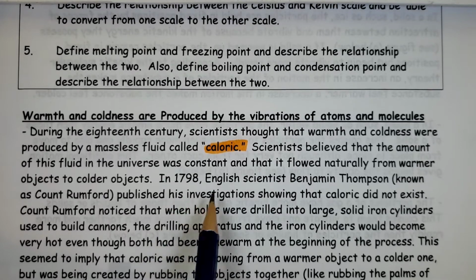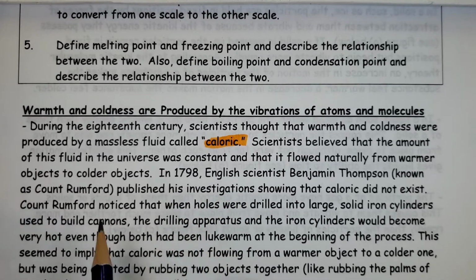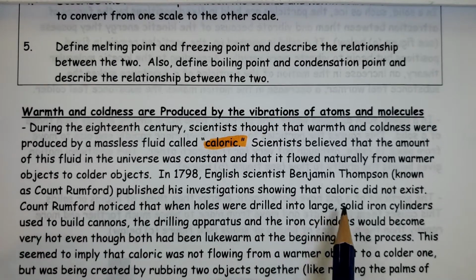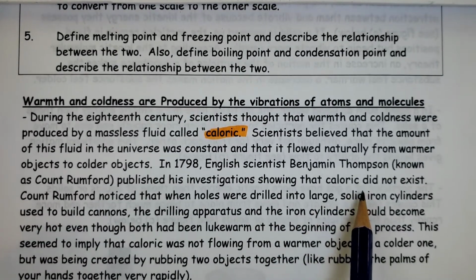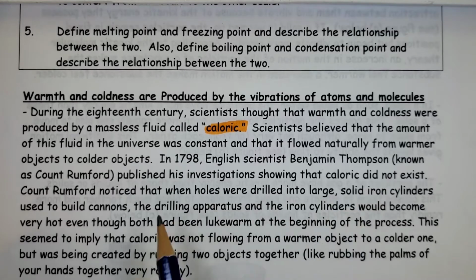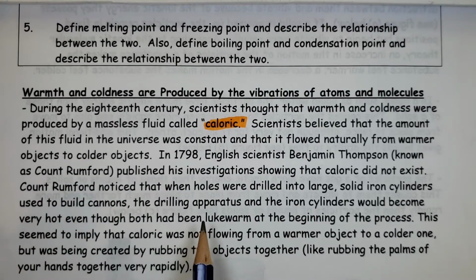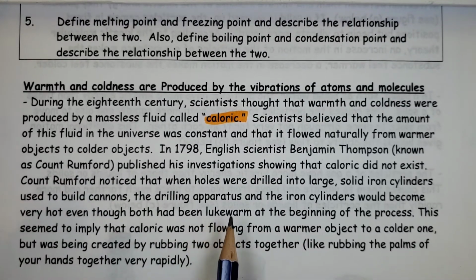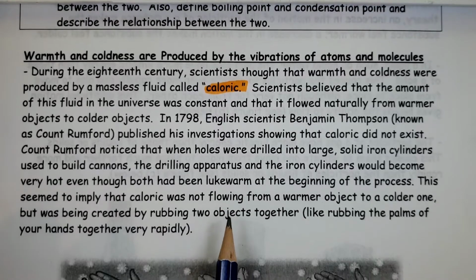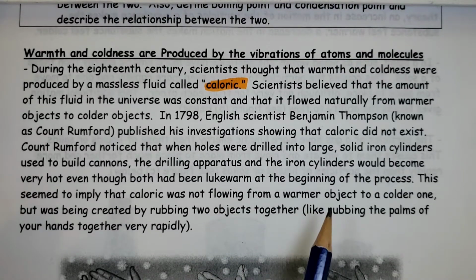In 1798, English scientist Benjamin Thomson, known as Count Rumford, published his investigations showing that caloric, unfortunately though, this mysterious fluid, did not exist. Count Rumford noticed that when holes were drilled into large, solid iron cylinders used to build cannons, the drilling apparatus and the iron cylinders would become very hot, even though both had been lukewarm at the beginning of the process.